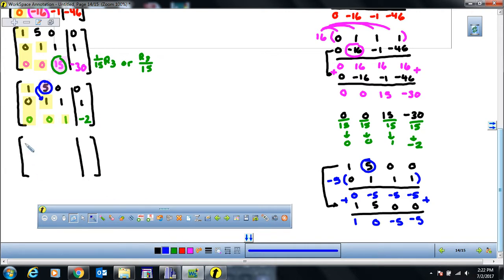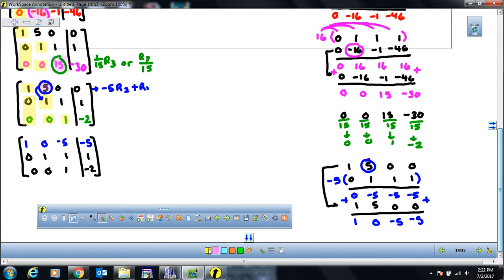So the first row becomes 1, 0, -5, and -5. And I want you to tell me what is the operation that I used to make that a 0 right here. I multiplied the second row by -5, and then I added it to the first row. Let me bring down everything else. 0, 1, 1, 1, and 0, 0, 1, and -2.